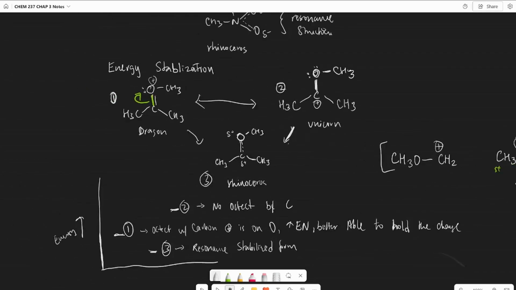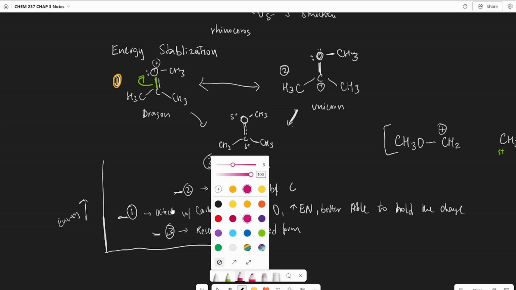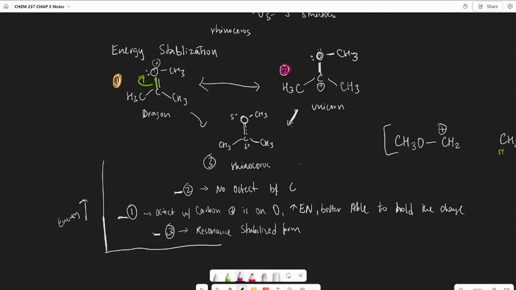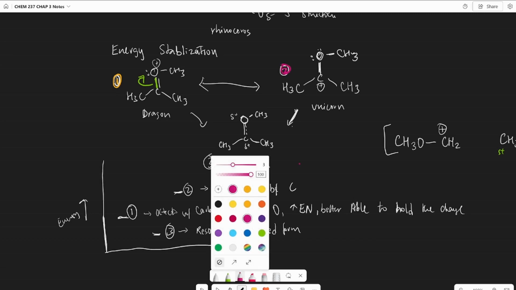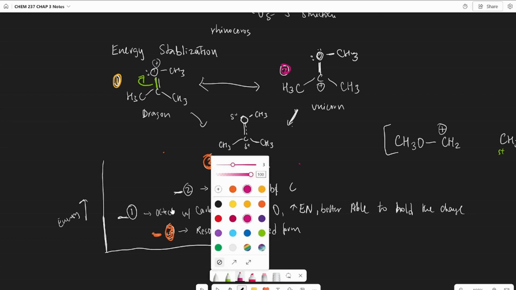Same thing applies here. So an energy diagram, maybe change colors a little bit. 1, 2, 3. 3 is the lowest because it's the resonance stabilized form, where the charges are not localized to a specific carbon or specific element. They're free to move.